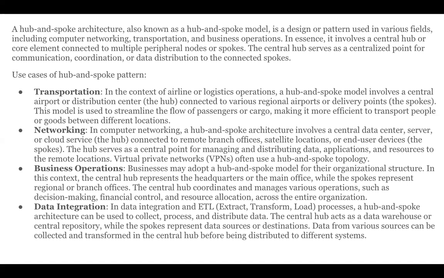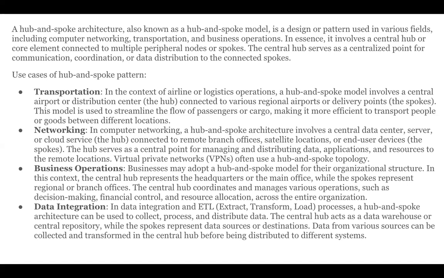Data integration. In data integration, hub and spoke is used to collect, process, and distribute data. The central hub acts as a data warehouse, where all the data is stored, and then it is distributed among subscribers or any other consumers of the data.